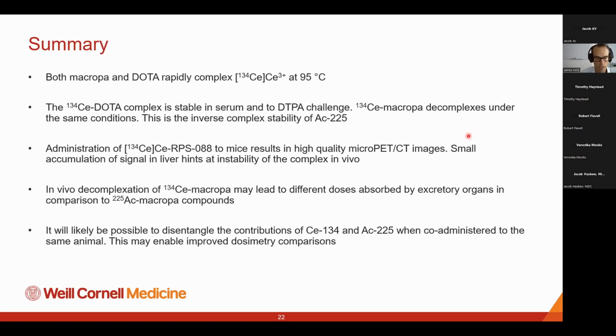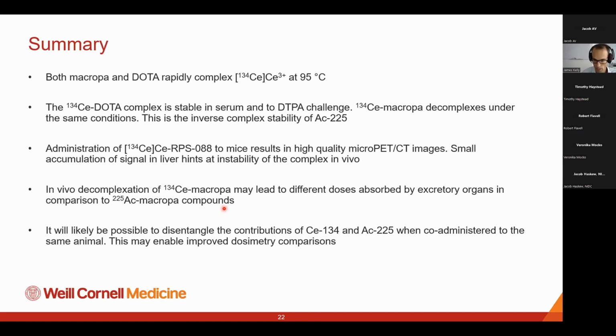Sure enough, perhaps because of these differences in stability, although, as I say, we haven't yet done the imaging with the DOTA-containing ligand, we do see some additional signal in the liver from our cerium macropa compound that hints at in vivo instability, and that this decomplexation may lead to different doses absorbed by the excretory organs in comparison to actinium.